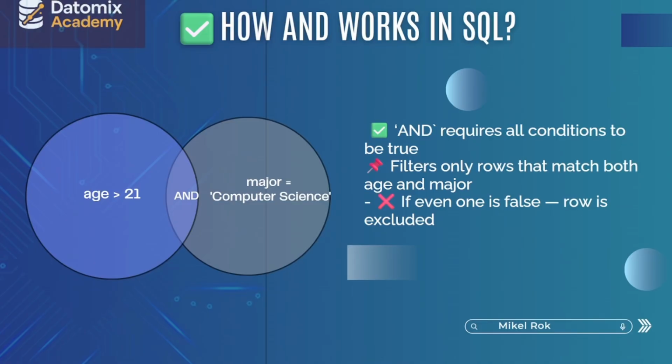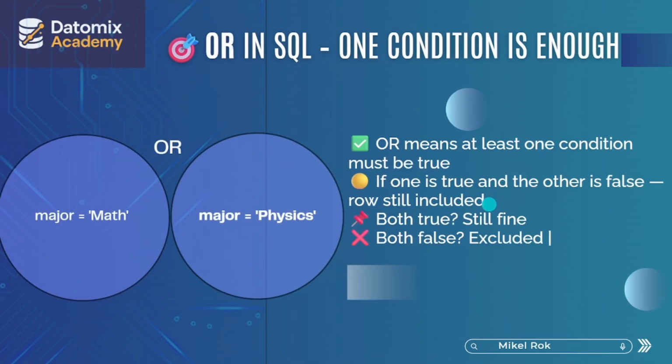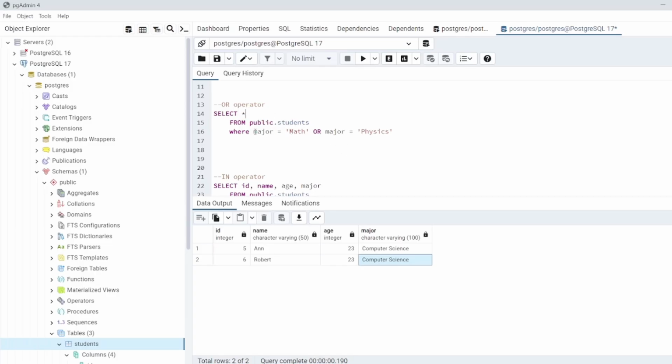Now, what about OR? OR means at least one condition must be true. So if we want to find students who are either in math or physics, we write our SQL statement like this. SELECT * FROM students WHERE major = 'math' OR major = 'physics'.